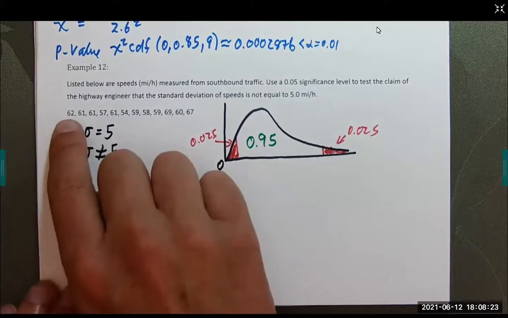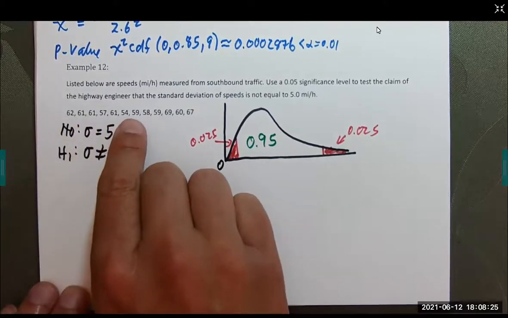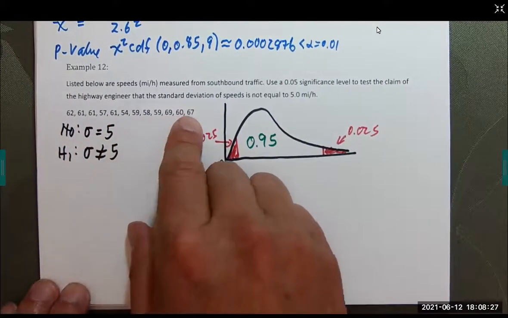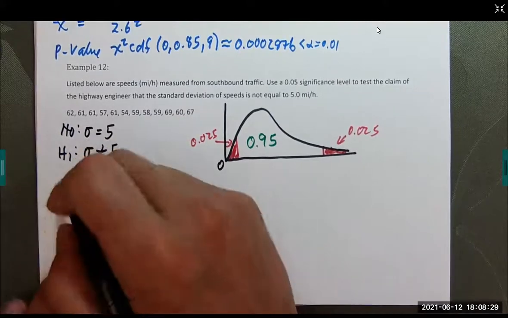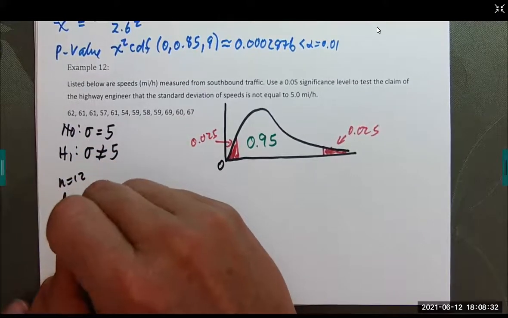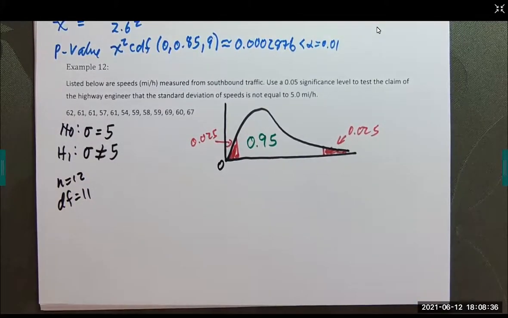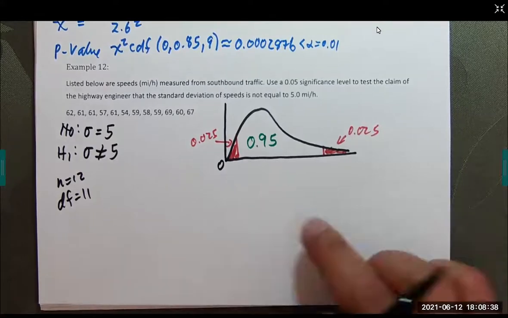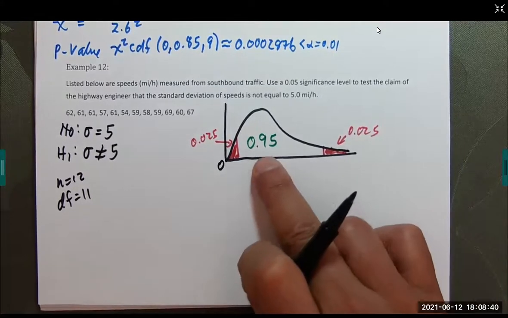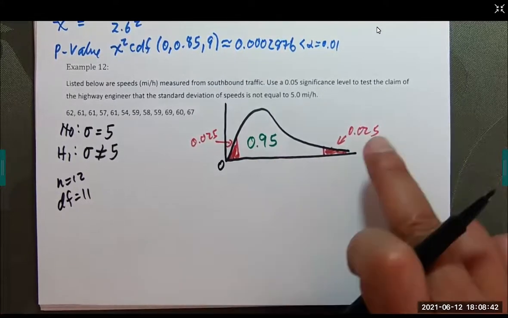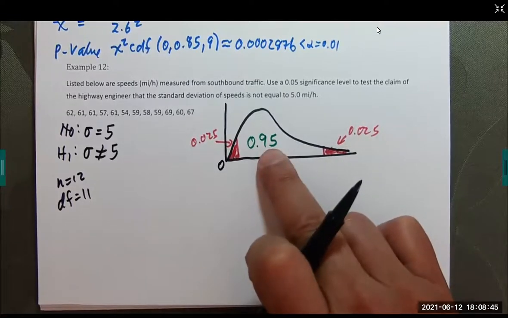So we have 1, 2, 3, 4, 5, 6, 7, 8, 9, 10, 11, 12 pieces of data. So n is 12, which means our degrees of freedom is 11. And area to the right on this one is going to be 0.975. When I add that plus that, it's 0.975.